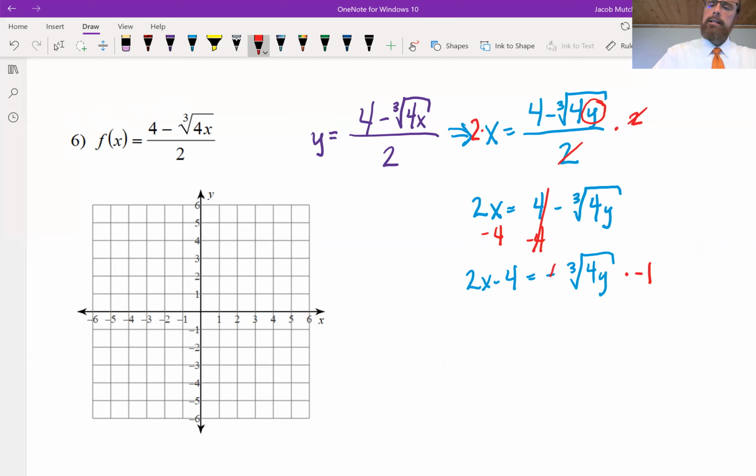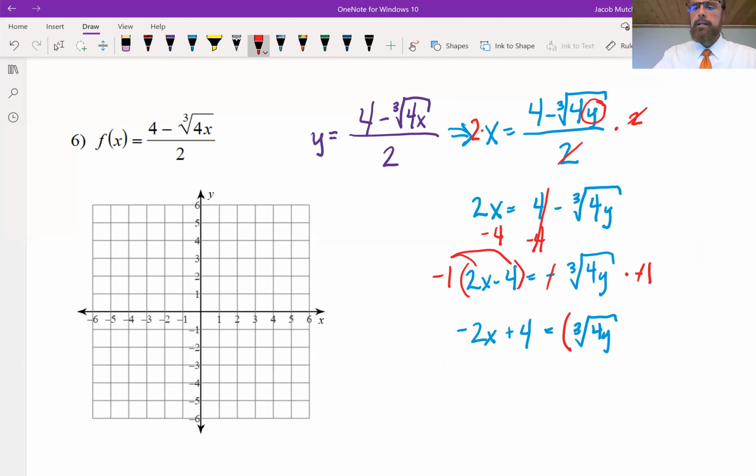Negative times a negative becomes a positive, and I'm going to also represent that multiplication on the left. Let's distribute that through. That distribution is going to go to both terms, so really it will just flip the signs. This becomes negative 2x plus 4 equals now the cube root of 4y.